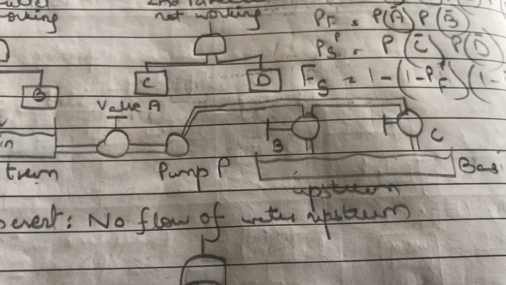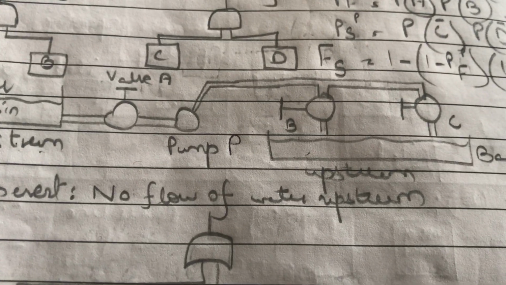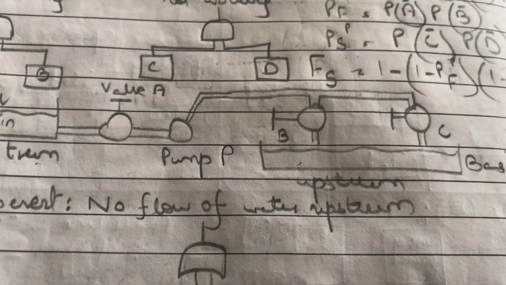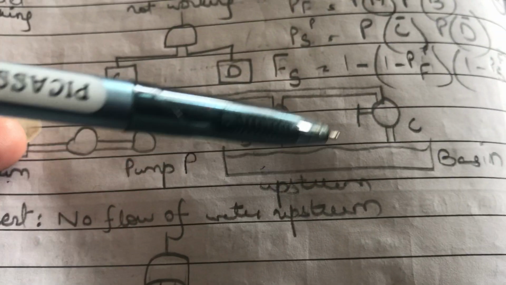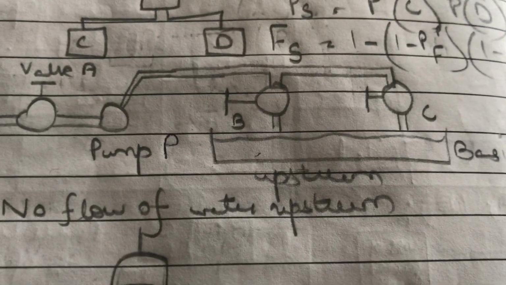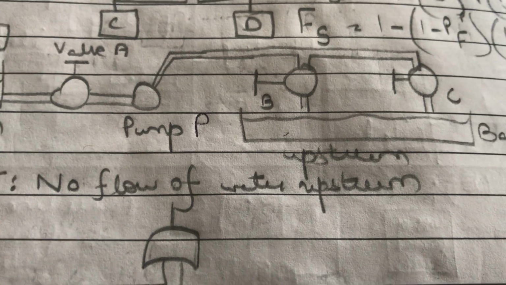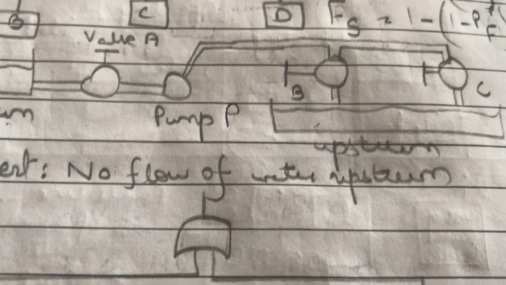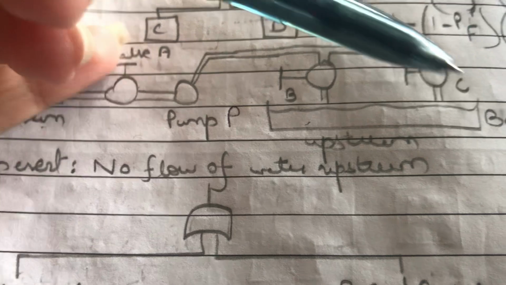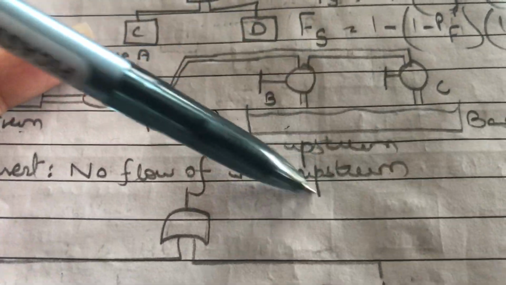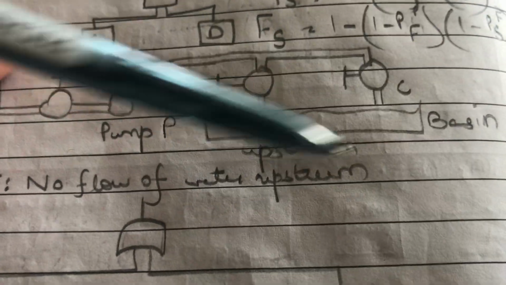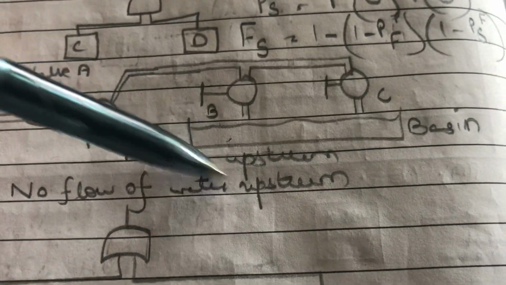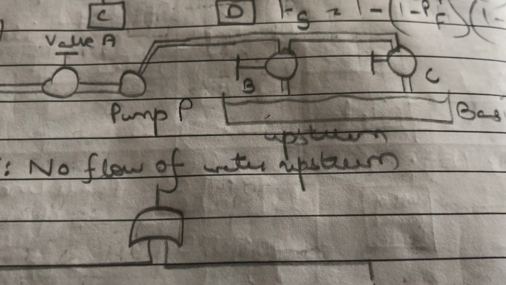Okay, so what is our top event now? First we describe our top event. We say that our top event is no flow of water upstream. If we say that our system has failed, what does it mean? Obviously, when there is no water coming into our upstream, the flow of water has stopped, so we will say that our system has failed.